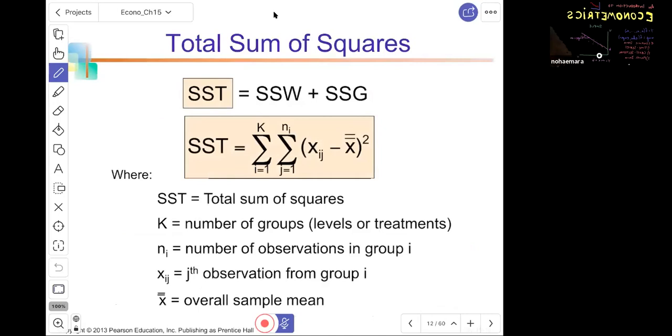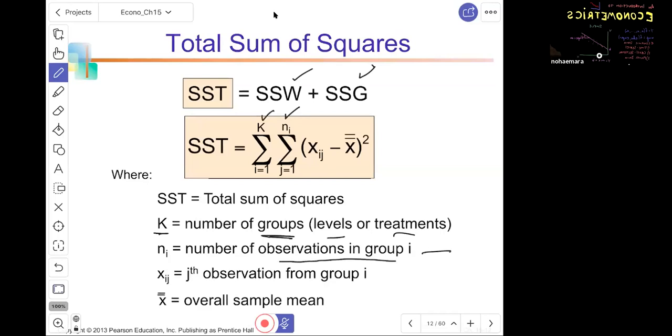Of course, if I'm talking about variations within groups and between groups, then I have to sum up over all the groups, over all the set of observations I have. So K here stands for the number of groups, whether they're levels or treatments, and N stands for the number of observations in the group.